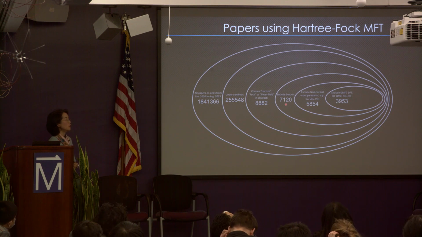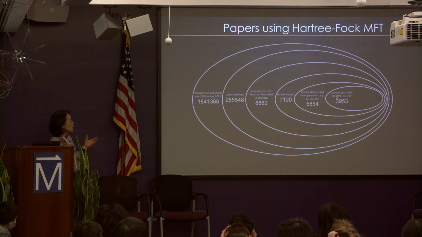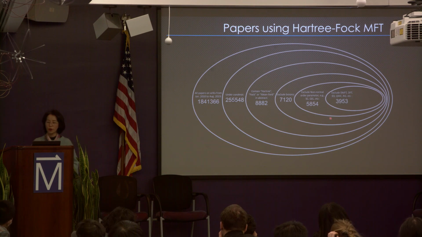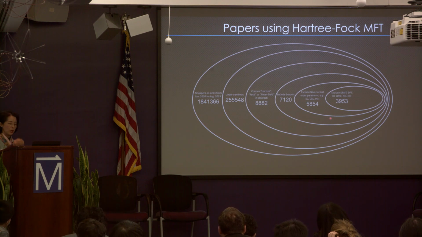We excluded bosons and superconductivity. We excluded various spin liquid type mean field theories. And we also excluded more sophisticated and complicated work, algorithms or approaches combined with mean field theory, such as DMFT, ED, etc. That gave us about 4,000 papers, which means this is something that is done a lot.